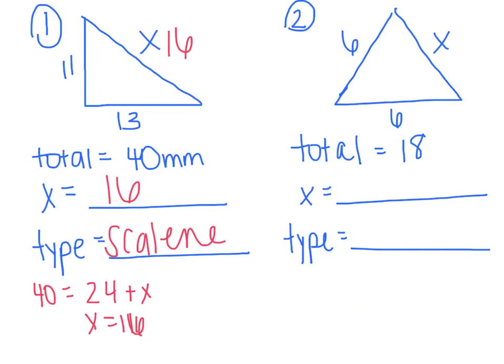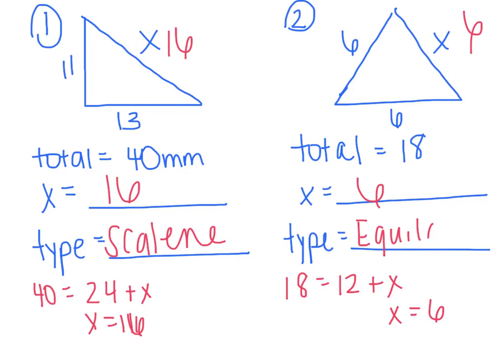All right, let's look at the next one. Our total is 18, we know that 2 of them are 12 plus some other number. If we do 18 minus 12, x is going to give us 6. And if we look, all of them are the same, so this is going to be equilateral.